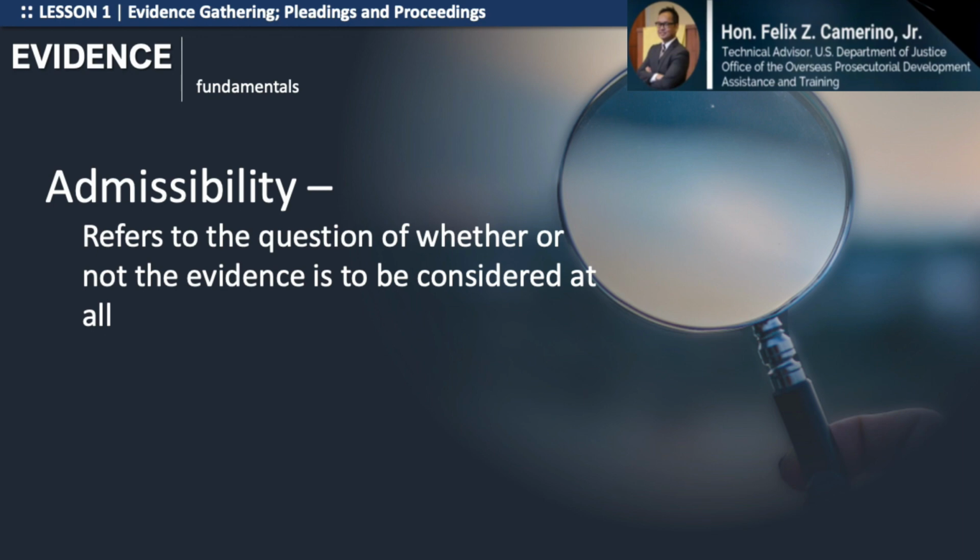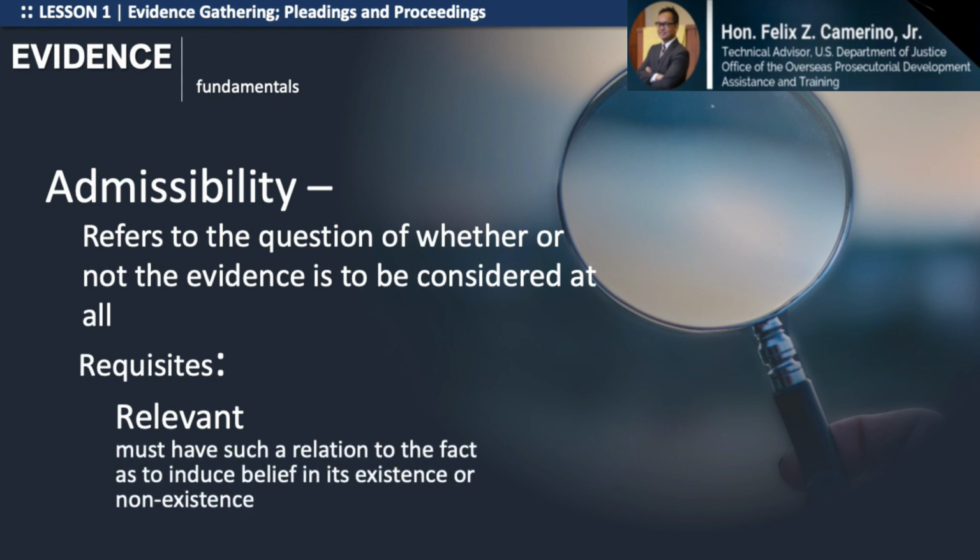In order for evidence to be admissible, at a very high level, there must be two requisites that have to exist. First, the evidence must be relevant. It must have such a relation to the fact as to induce belief in its existence or non-existence.